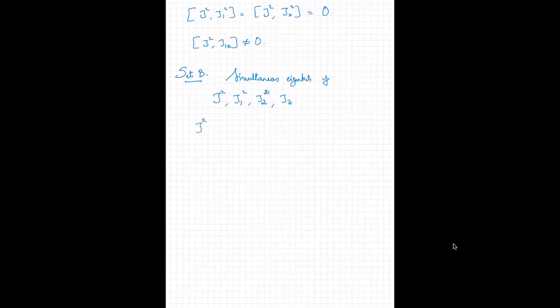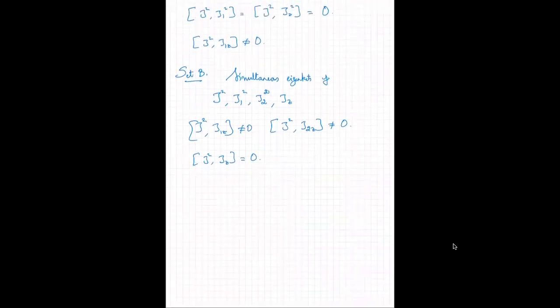We just showed that the commutator of J square with J1z is not equal to 0. And we also showed that the commutator of J square with J2z is not equal to 0. And now we are claiming that the commutator of J square with Jz is equal to 0. Okay, so somehow if we add these 2 guys, it does commute.